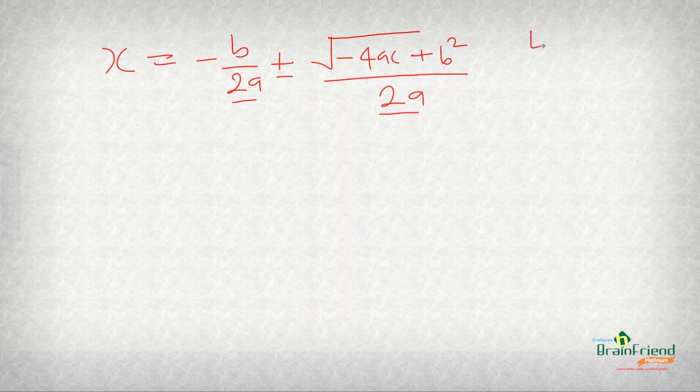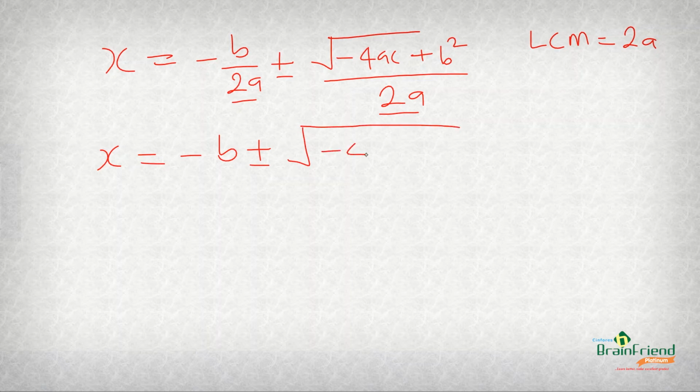Now looking at the two denominators we have, which is 2a and 2a, they are the same. So we can take their LCM to be equal to 2a. And when we do that, we will now have x is equal to minus b plus or minus square root of minus 4ac plus b squared all over 2a. Okay, we are almost done. Now let's rearrange what is inside the square root.